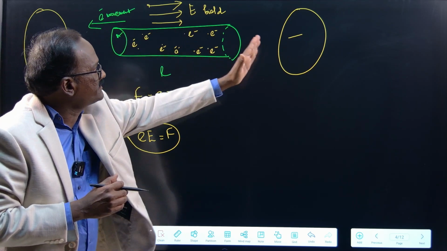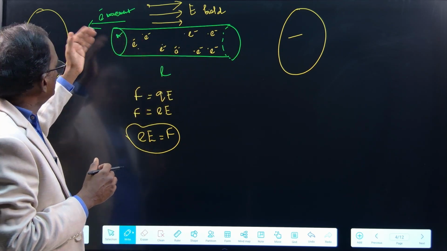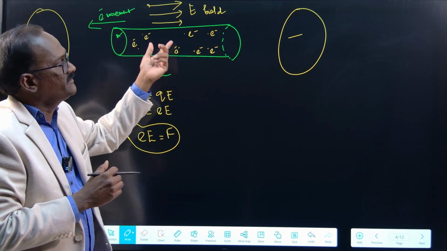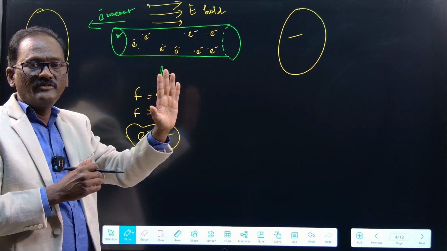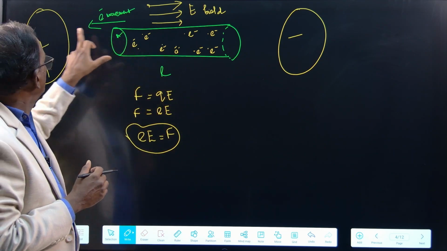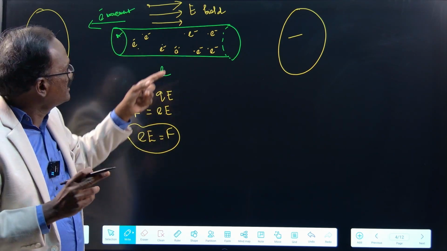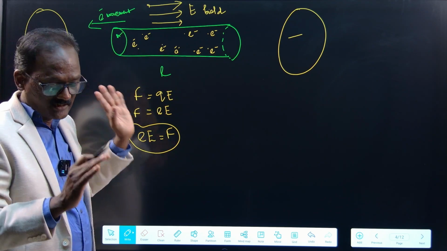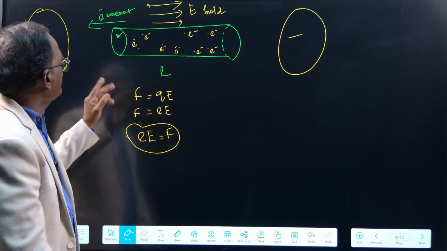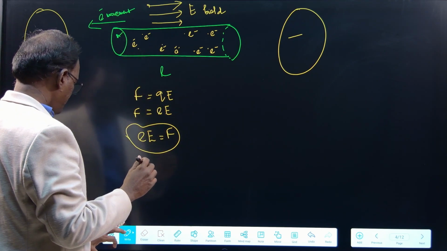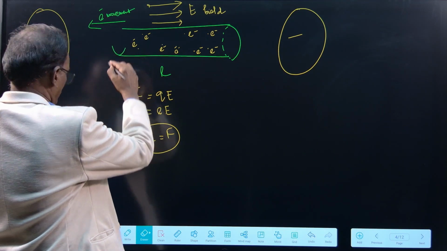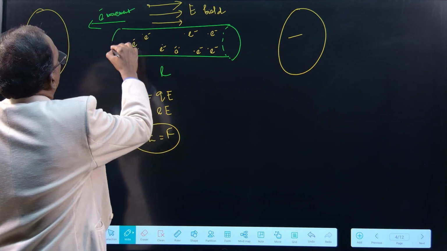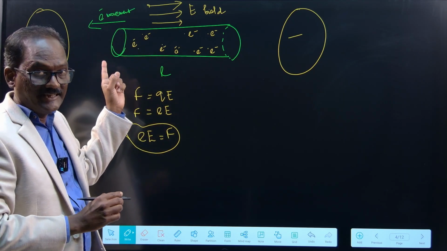So this positive charge is pulling the electrons with an attractive force. Or otherwise we can say the E field is pulling them. Anyway, electrons are moving opposite to the E field, in search of this positive charge, inside the conductor. What will happen after reaching this end?